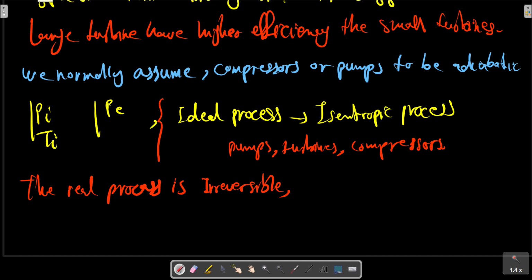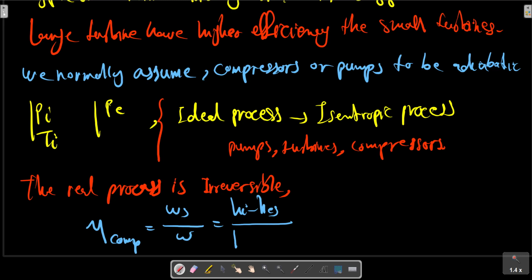The compressor efficiency is defined as the ideal work over the real work. Typical compressor efficiencies are given here, with large compressors usually having higher efficiency than small ones.